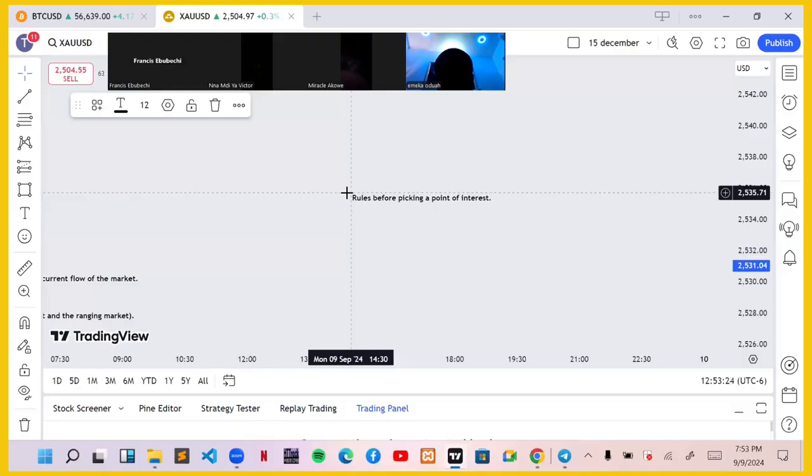These are the rules I pay attention to before picking a point of interest with this particular strategy. Number one, it has to trigger a break of structure or a market structure shift. So the point of interest needs to trigger a break of structure.